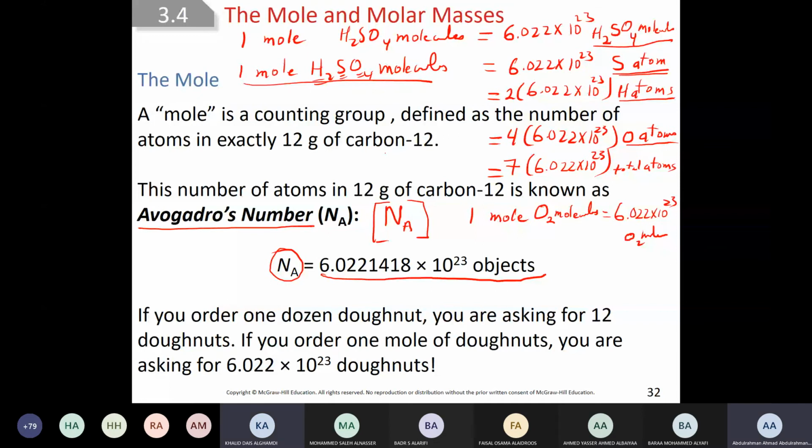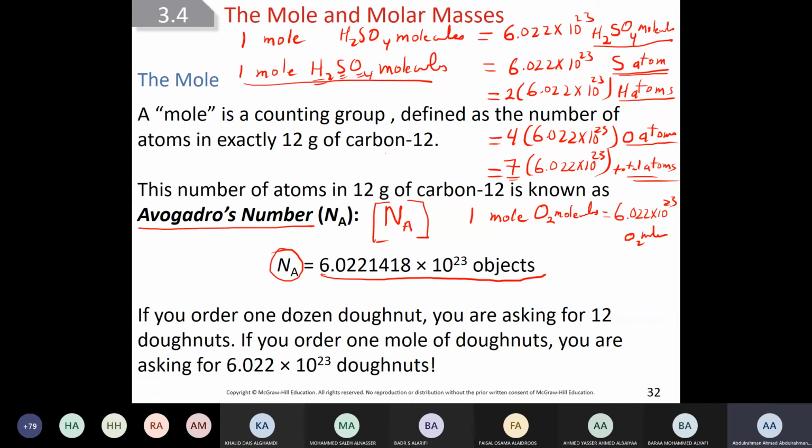They are not equal, I'm not saying equal. Total atoms, I'm counting atoms. Okay. Is that clear? Very good. Let's have some other example.